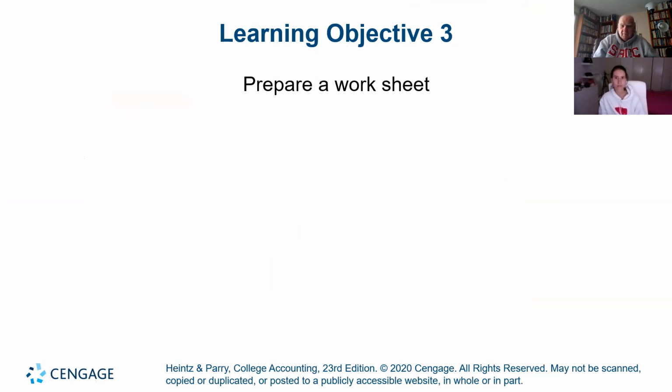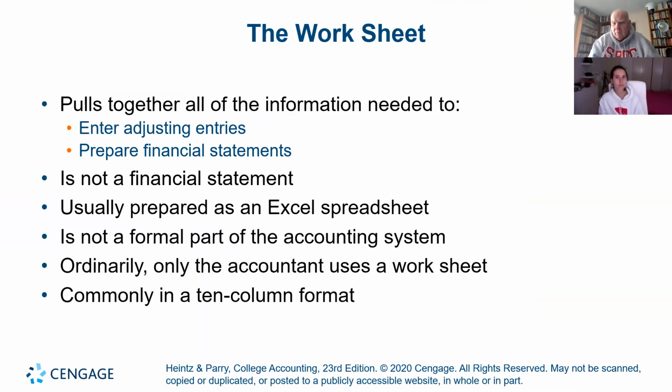Now, the month is ended, right? We printed our trial balance. We looked at it and we adjusted it as we deemed necessary. Now we're ready to get going on the financial statements. But first, we have to update the trial balance.